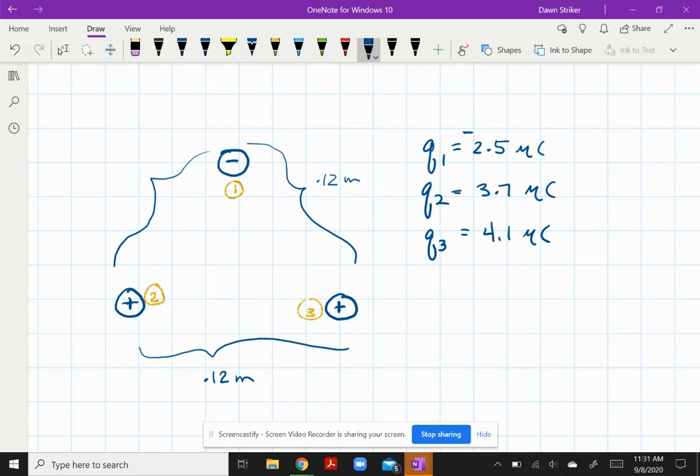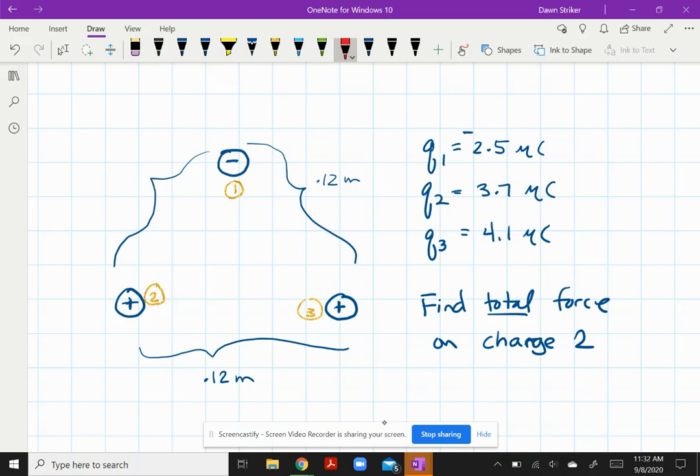And let's say I want to find the total force on, it doesn't matter which charge you pick, so I'm going to say find the total force on charge 2. Well, we know that forces add. So I'm going to use maybe red to show the two vectors.